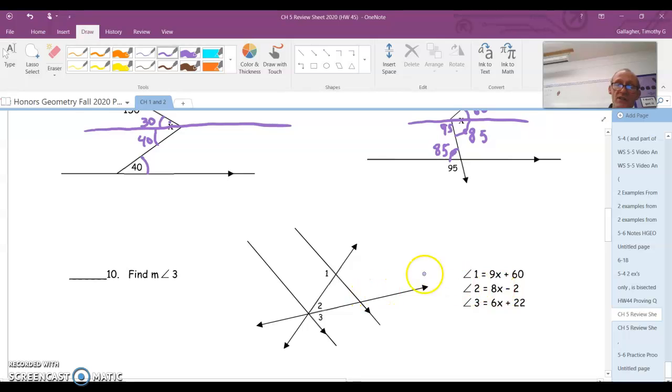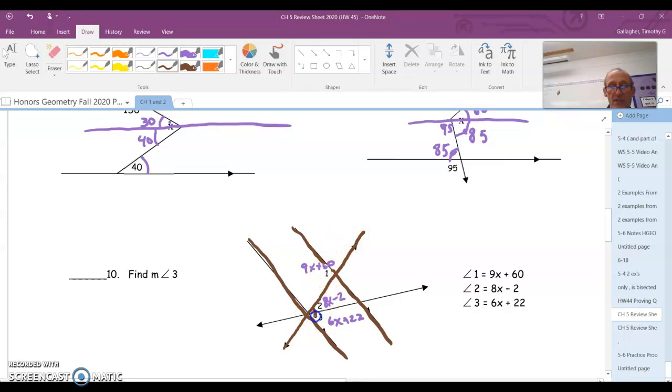We know that angle 1 is 9x plus 60, and angle 2 is 8x minus 2, and angle 3 is 6x plus 22. Now, what we have here are two parallel lines, and this transversal right here.